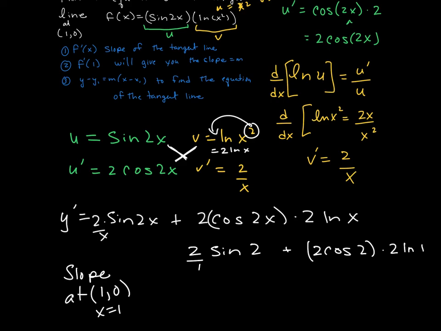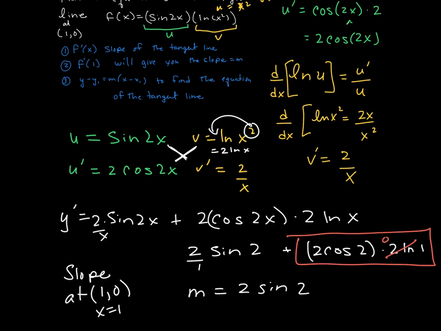Now, what's really nice here is that the natural log of 1 is equal to 0, which gets rid of all of that. And now my slope is equal to 2 sine of 2.